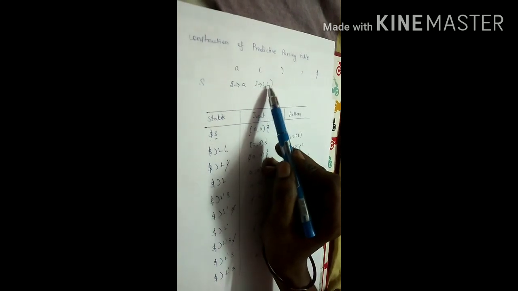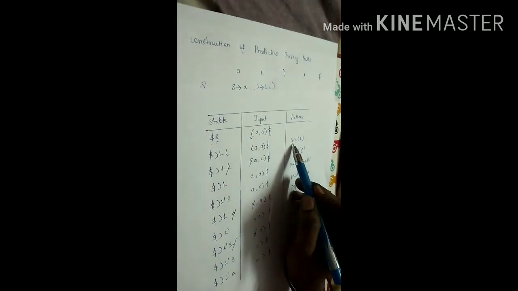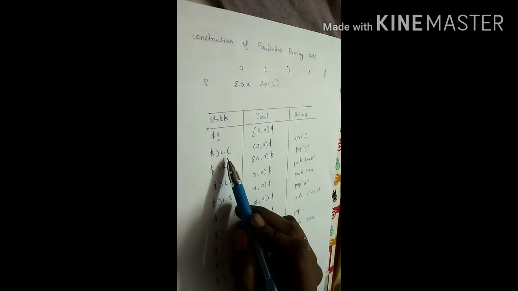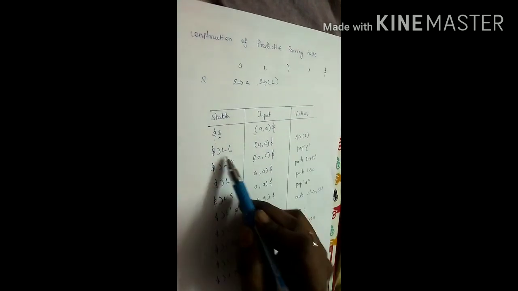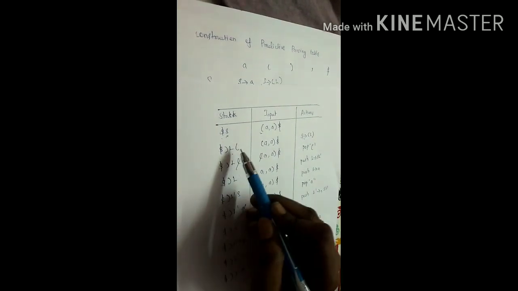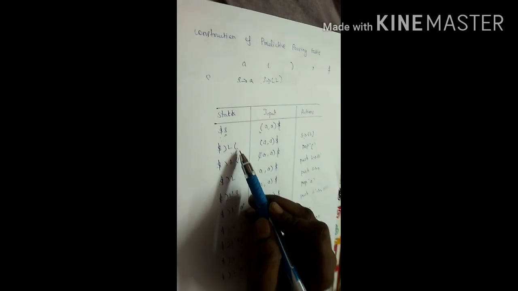For S comma open bracket, we have an entry S tends to open bracket L close bracket. Now we have to push this production onto the stack instead of S, in reverse order. So first we push close bracket, then L, and then open bracket.